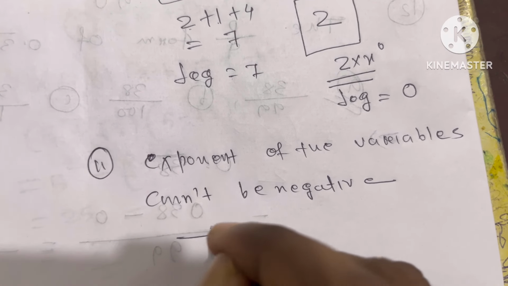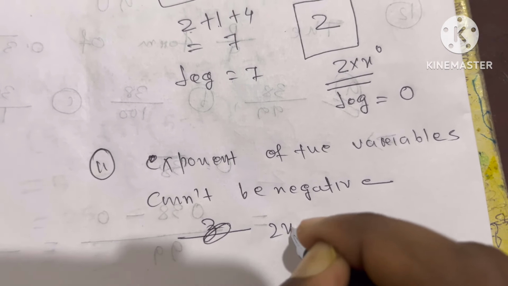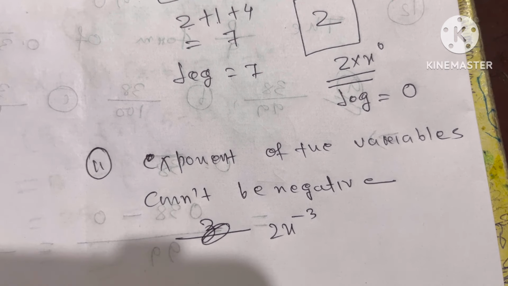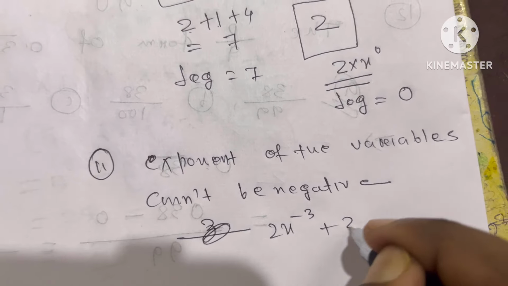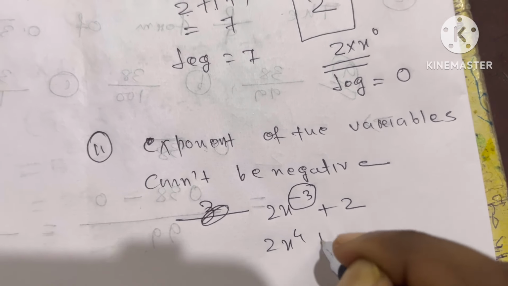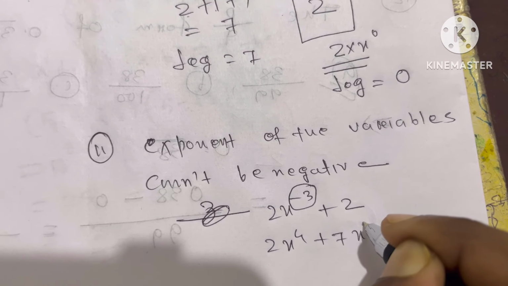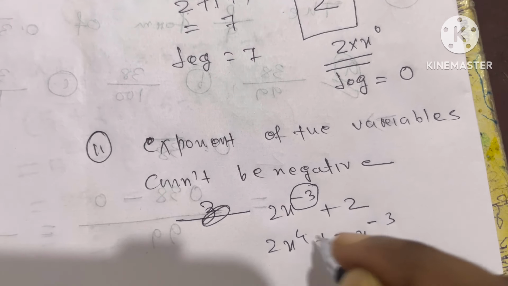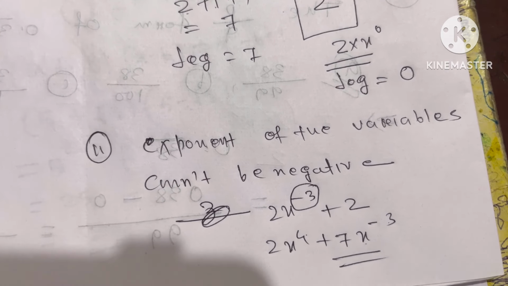That means 2 into x power minus 3 plus 2 is not a polynomial, because the x power is negative. In 2x power 4 plus 7x power minus 3, x power 4 is positive, no problem, but x power minus 3 is not, so this is not a polynomial.